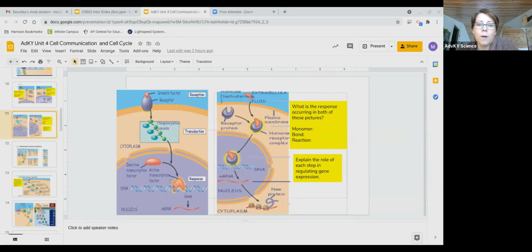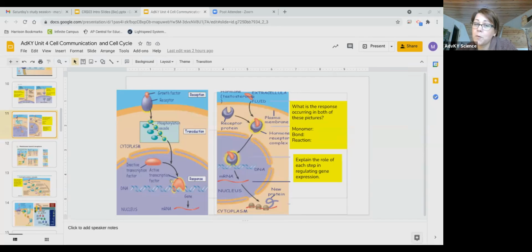All right. So the key in this picture, we are seeing from this signal, this transcription factor is becoming activated, and then we do see mRNA being produced. So this signal said, transcribe this gene and make mRNA so we can eventually make a protein.